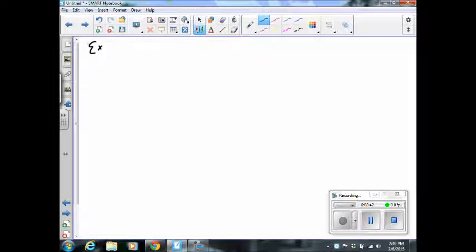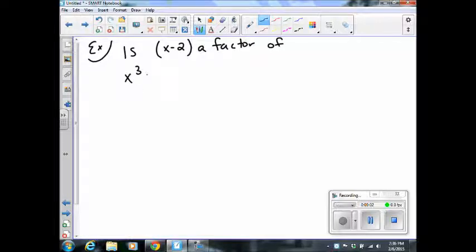So let's say that I'm asked to figure out whether or not x minus 2 is a factor. If yes, find the remaining factors.